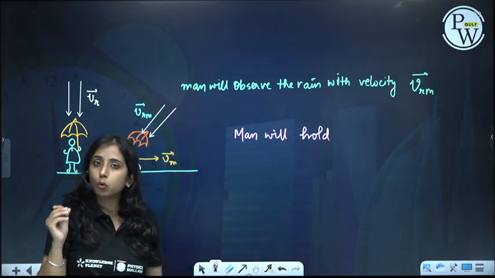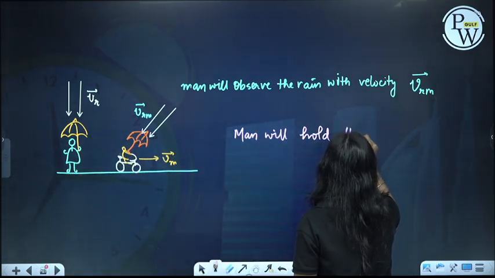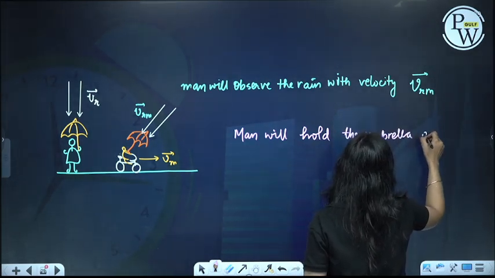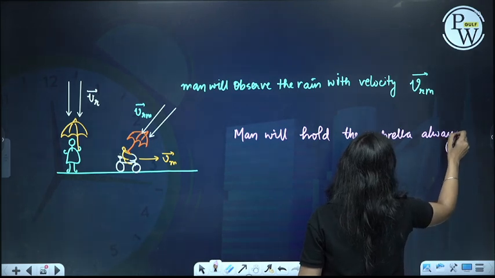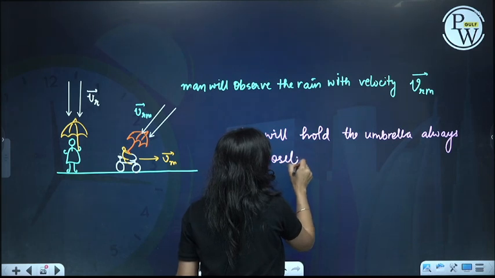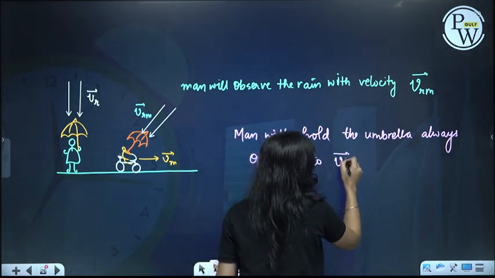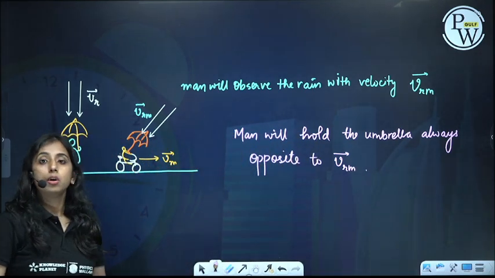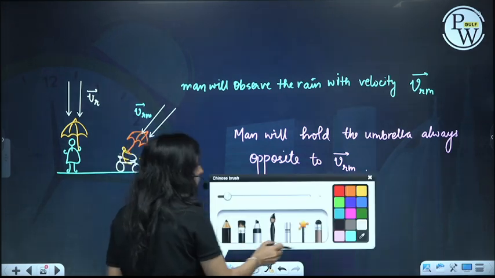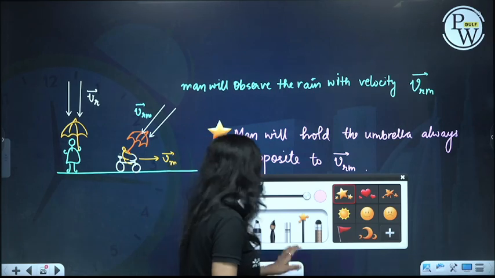Any person, moving or standing or sitting, will hold the umbrella always opposite to velocity of rain with respect to man. Always opposite to velocity of rain with respect to man.